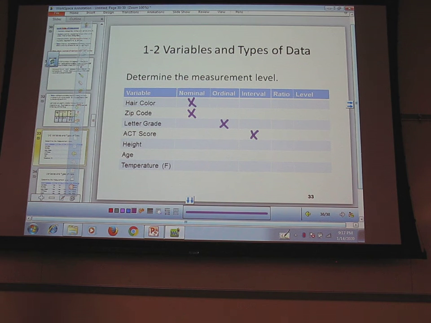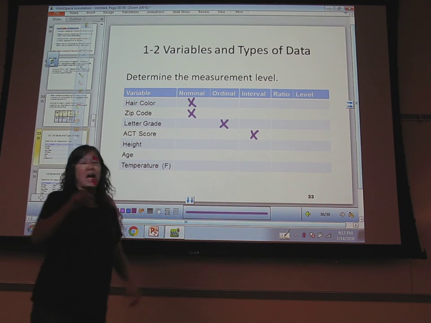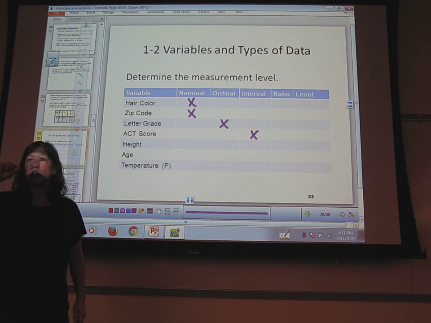Yes. So is it interval? Yes. Does a height of 0 really mean no height at all? If I'm 0 height tall, am I really no height at all? Yes. Everybody good with that?